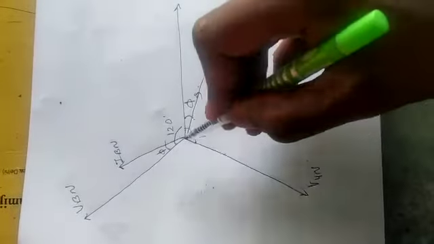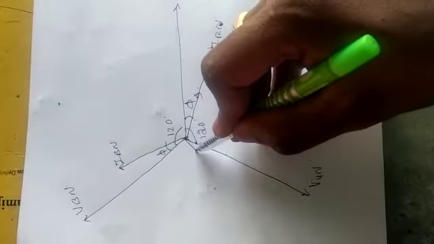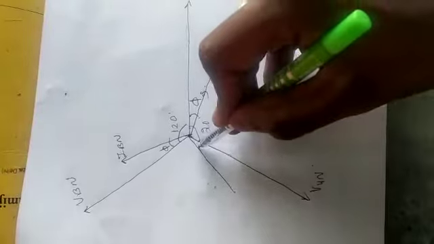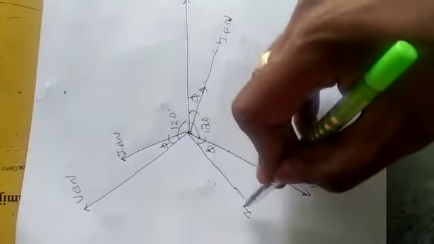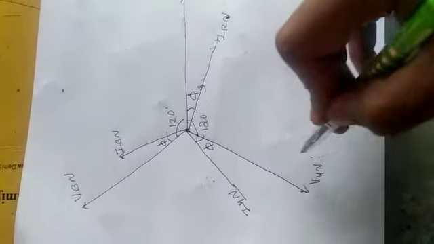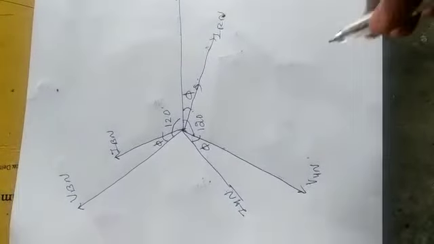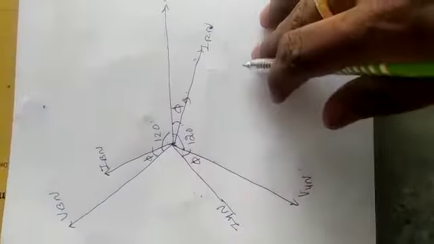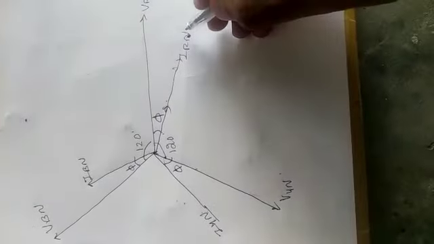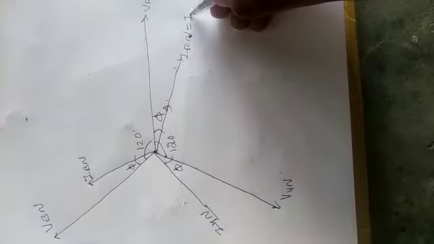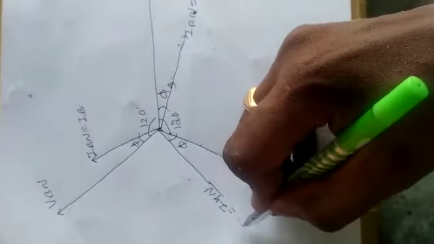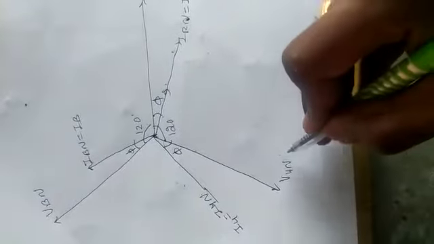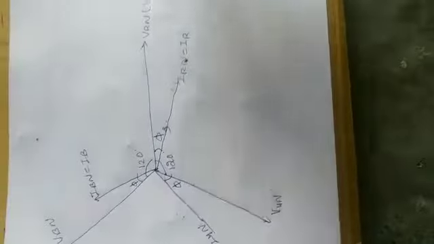For this vector also, the current lags the voltage by an angle phi. As this is a star connected load, the line current is equal to the phase current, therefore it will be IR, IBN as IB, and IYN as IY.